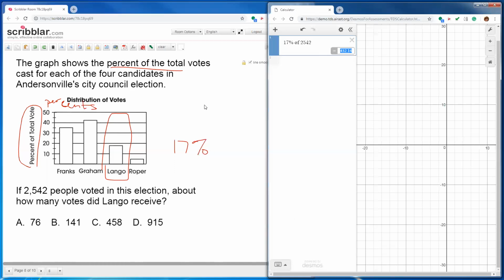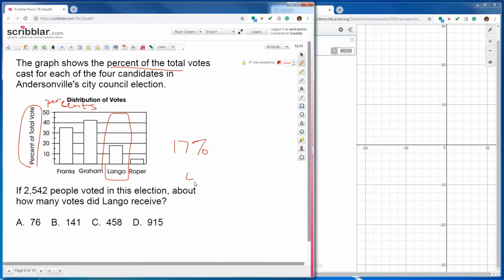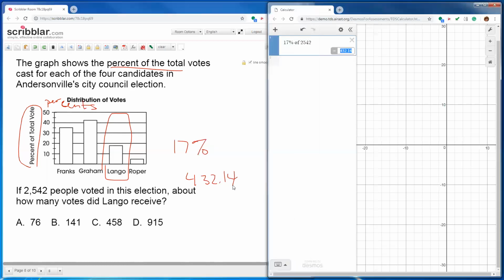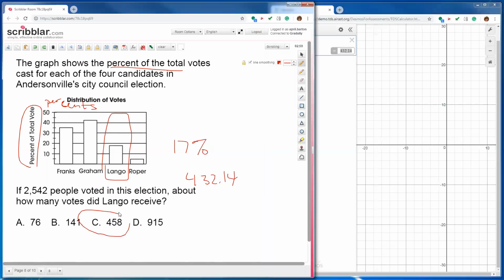So 432.14. That's small. 432 people voted for Lango. It's a little small, but what's the closest answer? I'd say C is the closest.